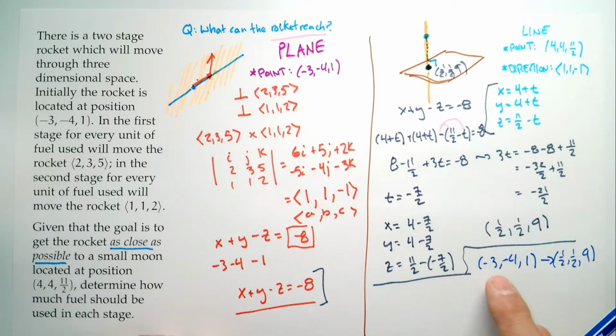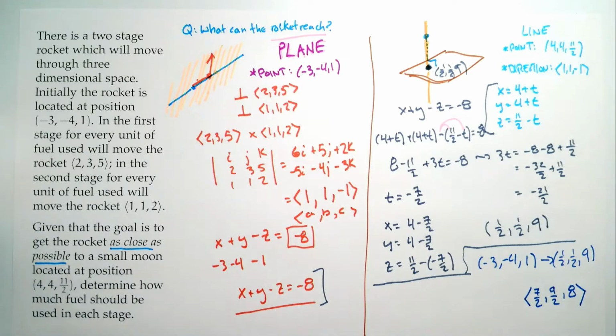The answer would be 7 halves, 3 plus a half. So I need to change my first coordinate by 7 halves. If I start at negative 4 and I end at 1 half, how much do I need to change? 9 halves. And if I start at 1 and I end at 9, how much do I need to change? I need to change by 8. So that's the amount I need to move the rocket.